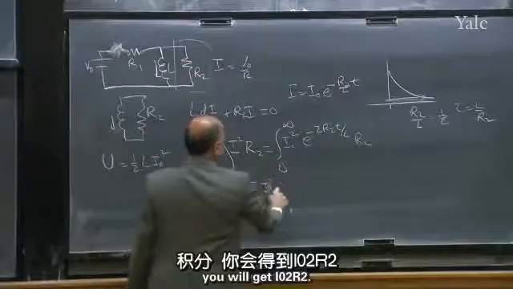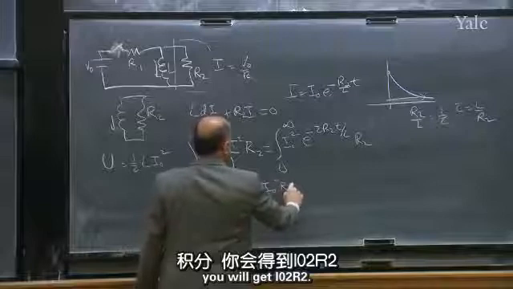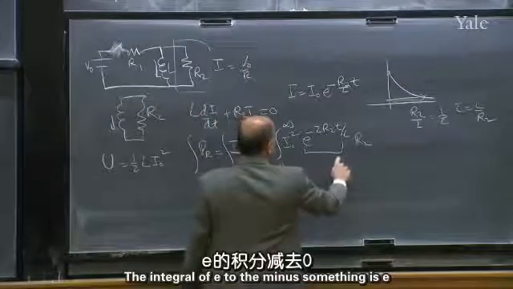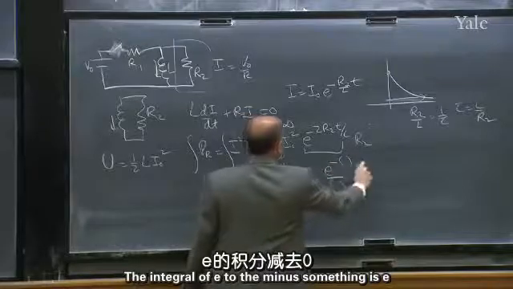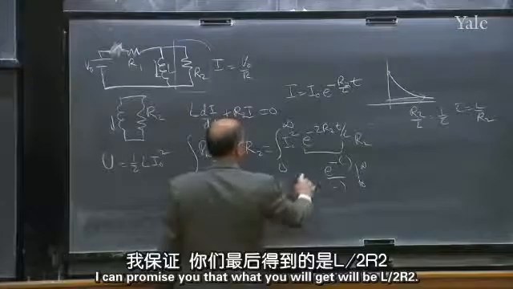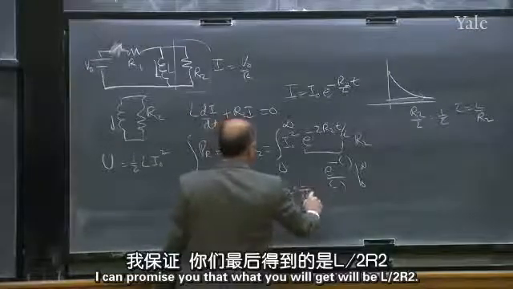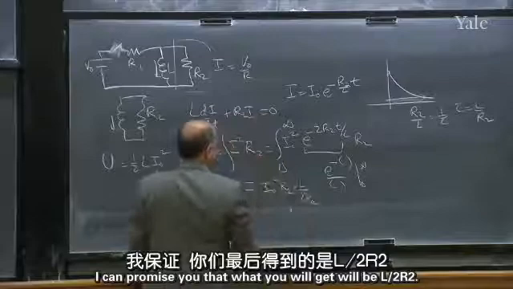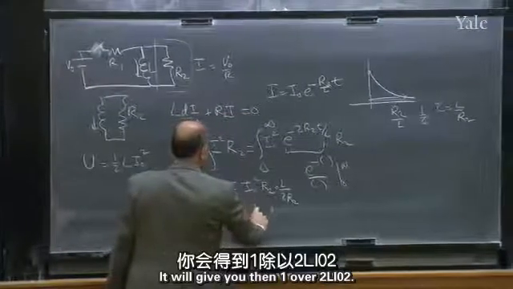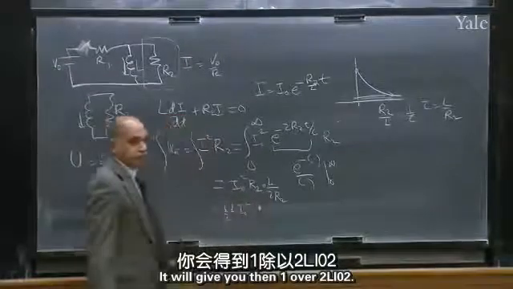You will get I naught squared R2. The integral of e to the minus something is e to the minus that divided by that, from infinity to 0. I can promise you that what you will get will be L over 2R2.